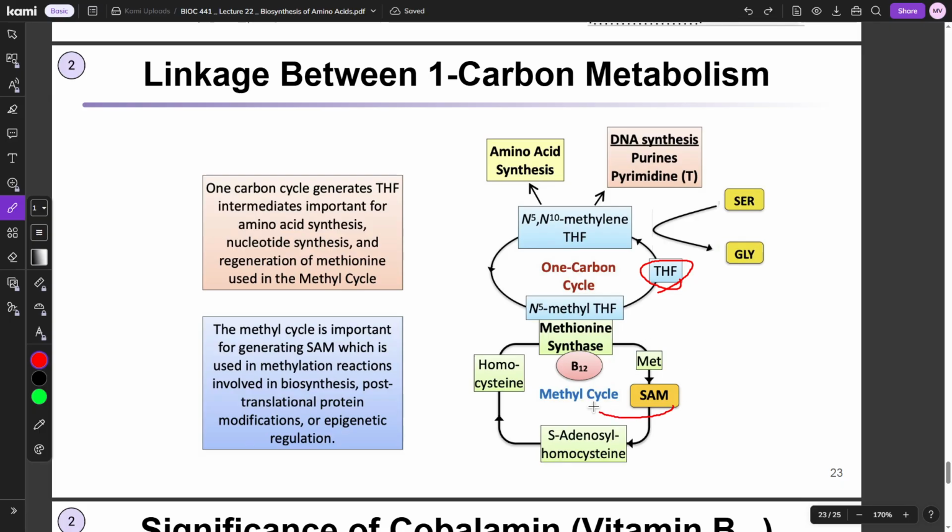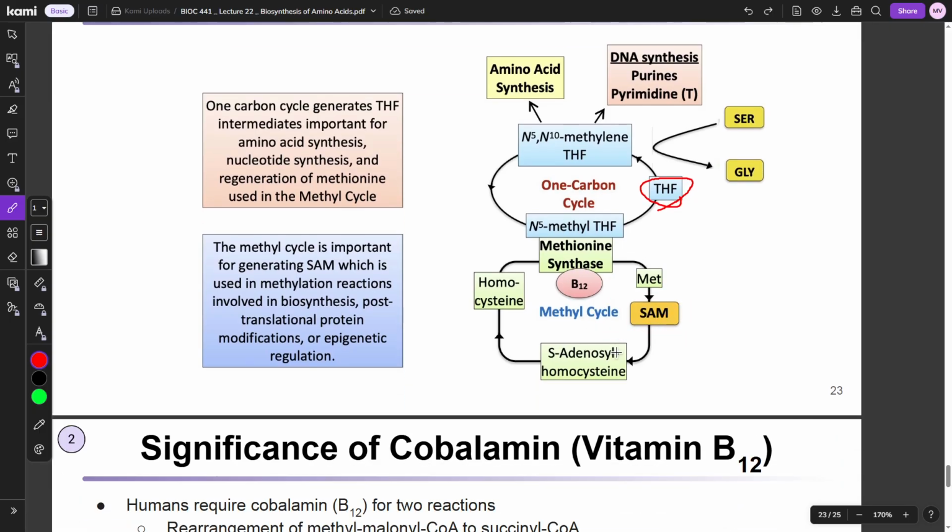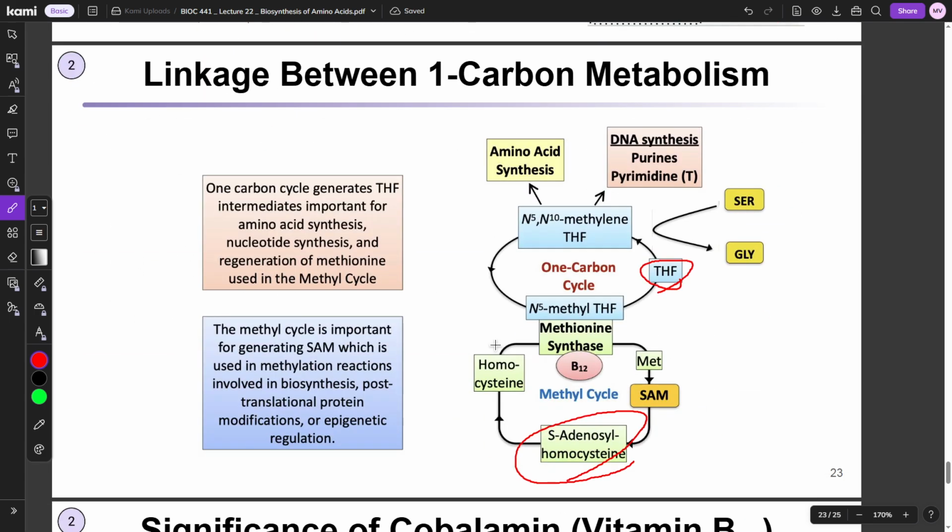With methionine, we can make SAM, and then with SAM, we can make S-adenosyl homocysteine. And then once we cleave it, we make homocysteine, and that whole process restarts, right?